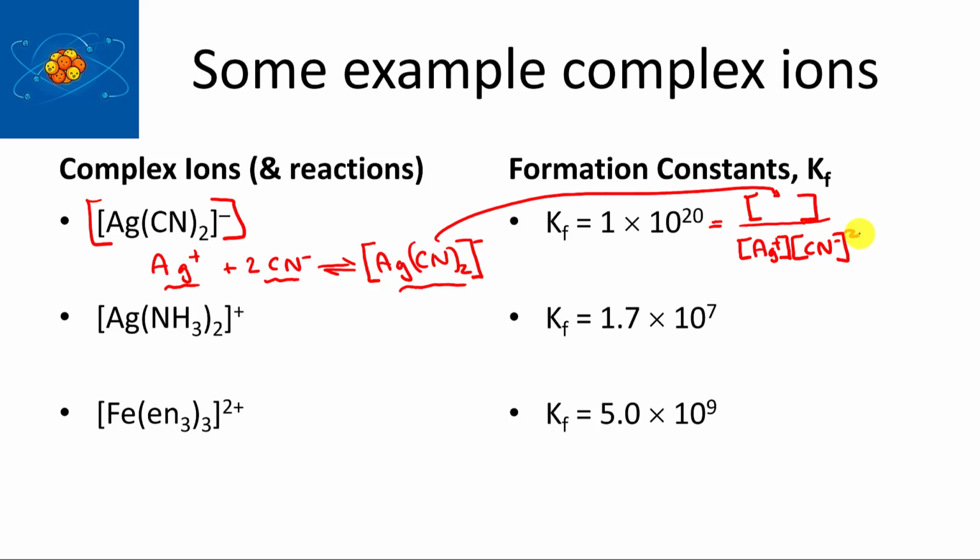That's for Kf. Now, I should point out that there's also such a thing as a Kd. That 3 doesn't belong there. And so I'm going to write the Kd for this. Kd is just based on the ions you have. Well, that's 2+.